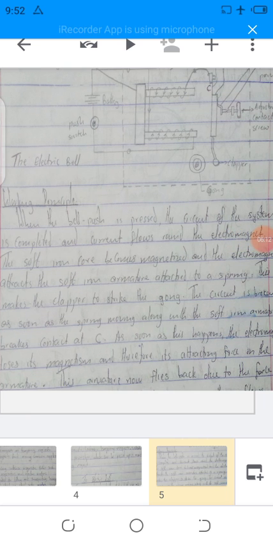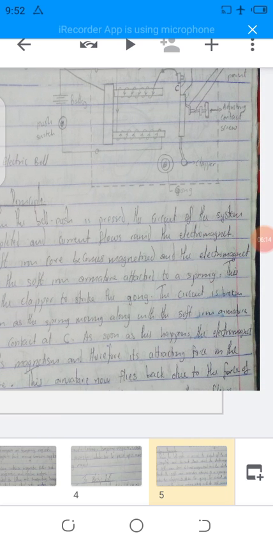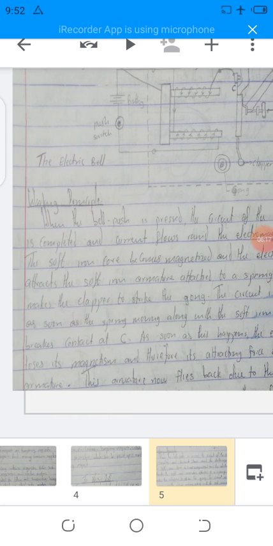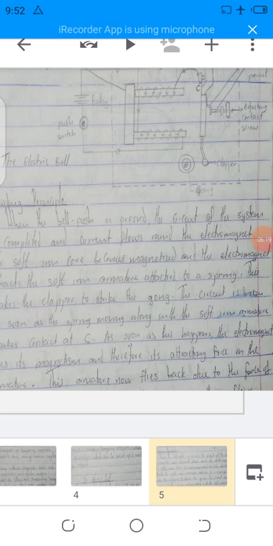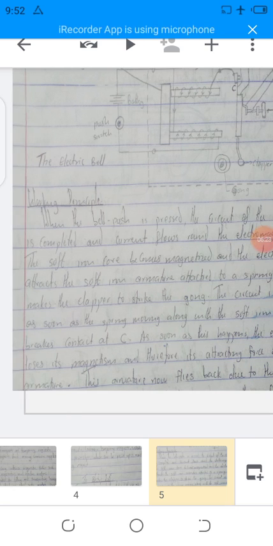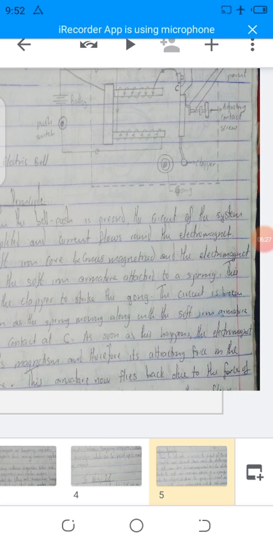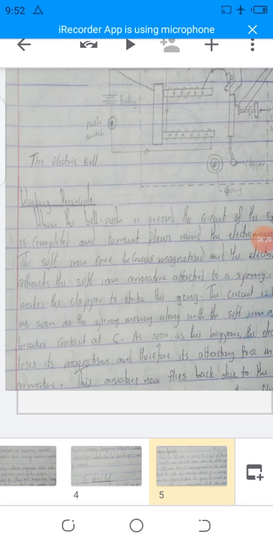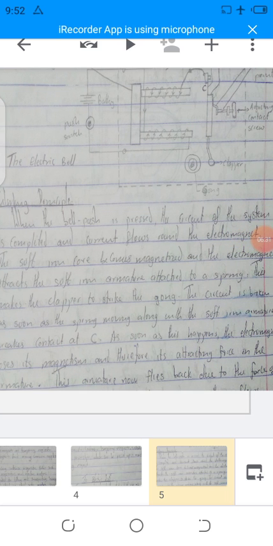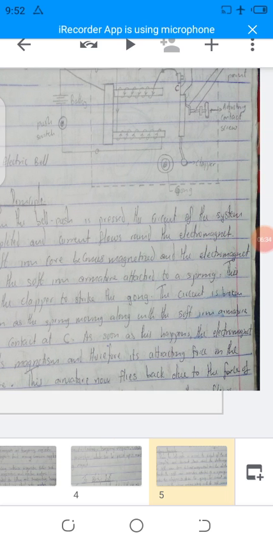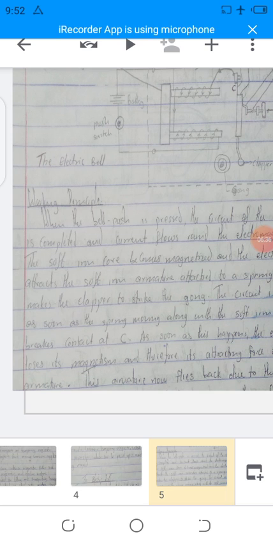This makes the clapper strike the gong. The circuit is broken as soon as the spring moving away with the soft iron armature breaks contact at C. As soon as this happens, the electromagnet loses its magnetism, and therefore its attracting force on the armature.